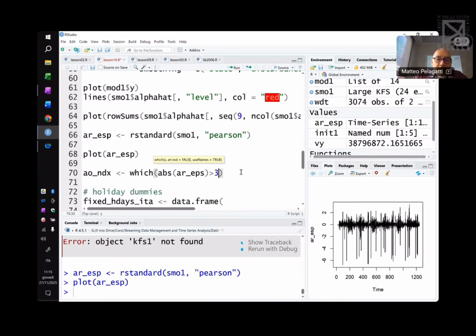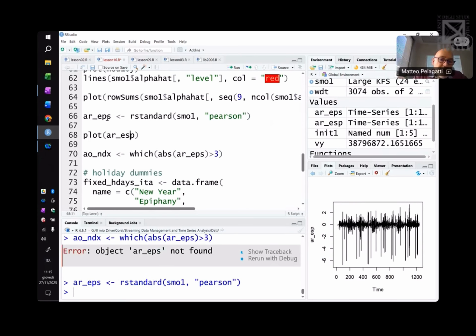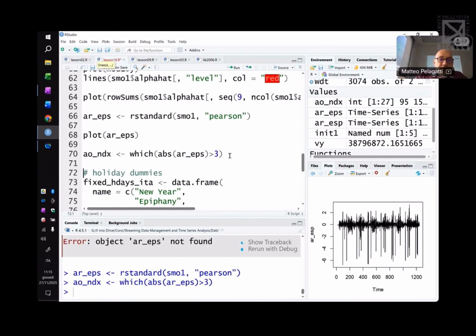Let's start with this. And then let's try to, okay, I wrote it wrong here. Eps for epsilon, sorry about that. Okay, so let's just turn this into dates. We can just use the WDT.